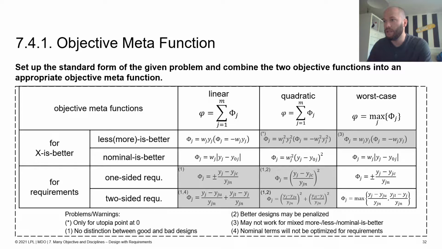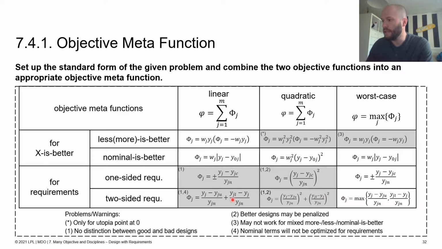Lastly, we need to choose an appropriate meta-objective function, and there are different choices for that. So we are dealing with requirements, so we are not dealing for a design problem with X is better, but for requirements. So we also have two-sided requirements. So therefore we know in which row we should choose from.